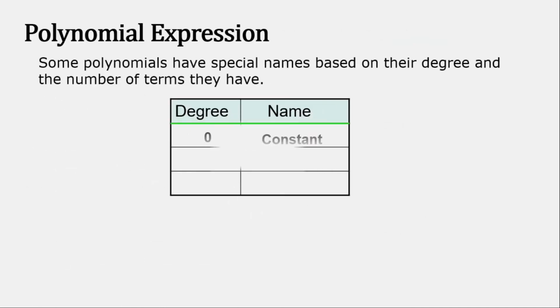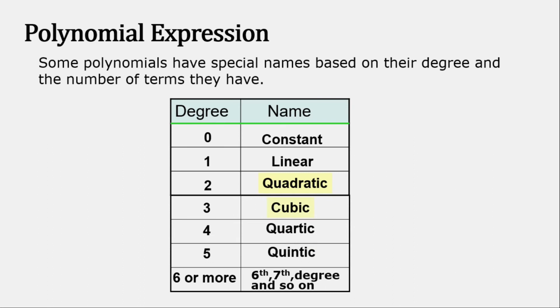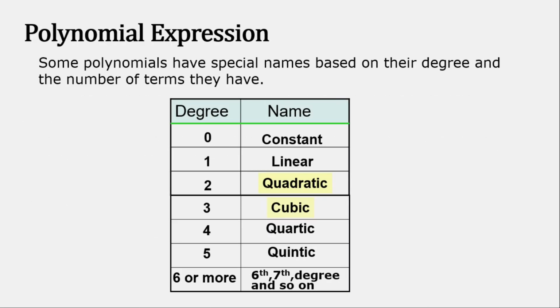Now, there are special names for a polynomial that has a very specific degree. If it has 0 degree, then it is a constant. If it has 1 as its highest degree, it is linear, just like x plus 2 is equal to 0. This is linear.